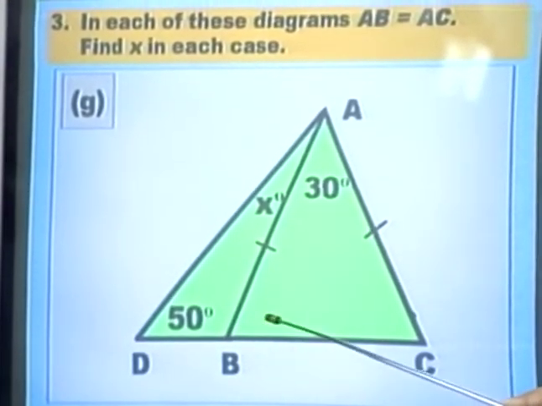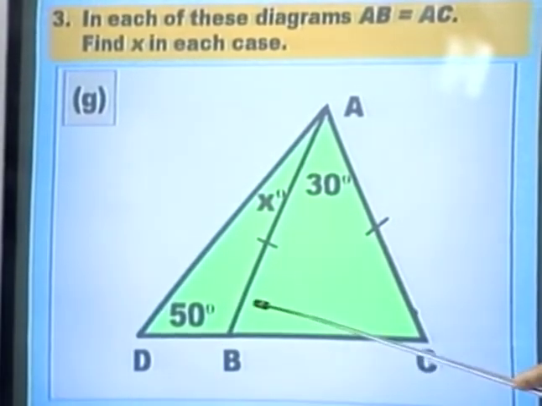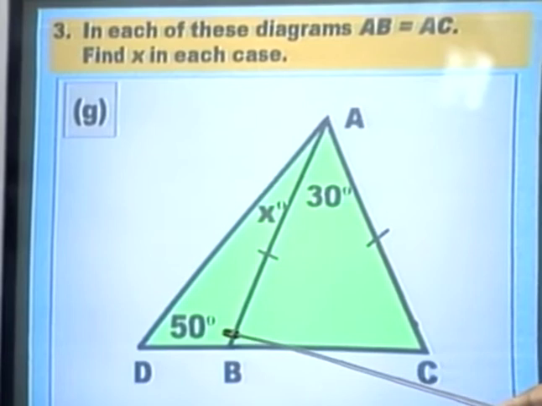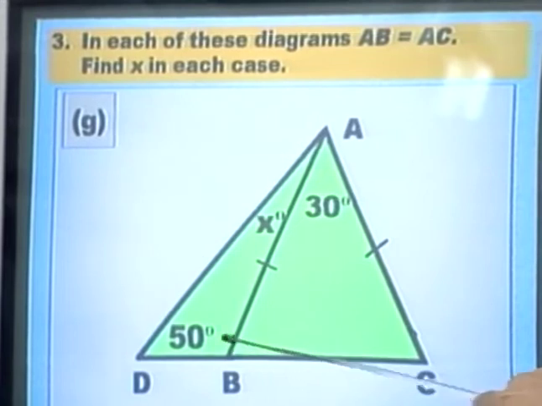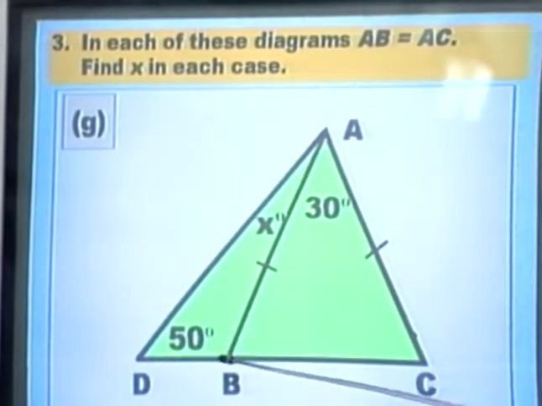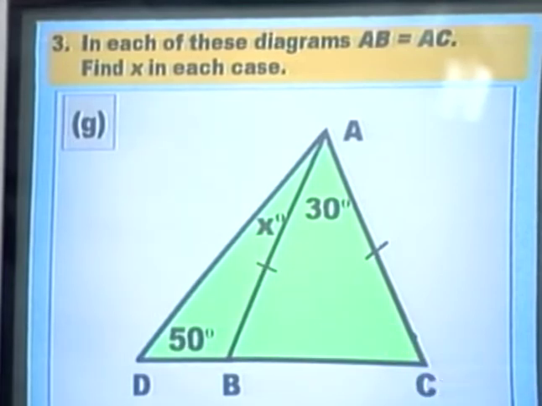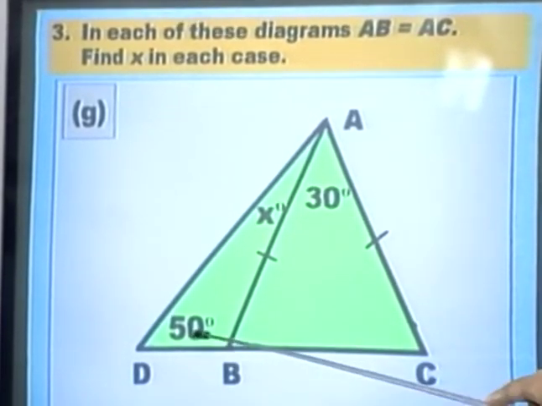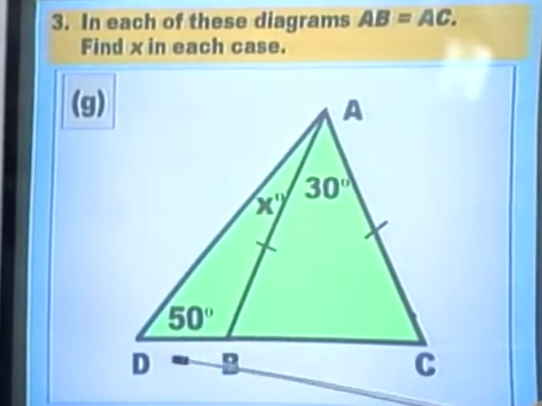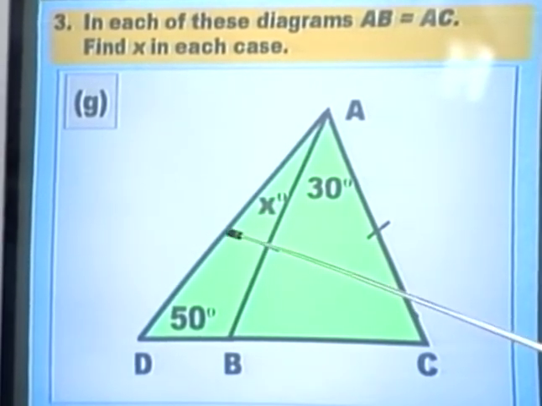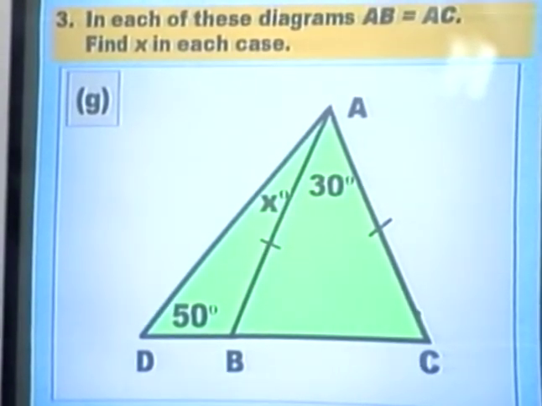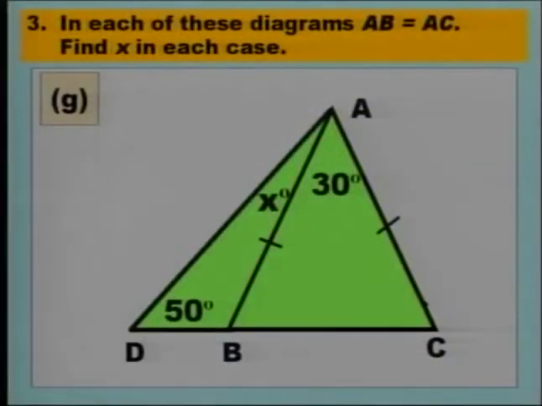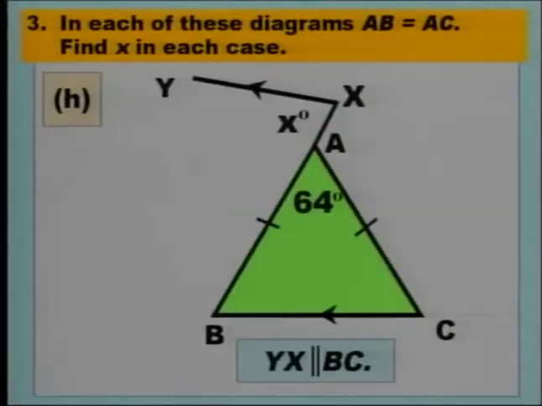Since this is a straight line, you minus 75 from 180 and get 105. So this angle ABD is 105. Since a triangle is equal to 180, you plus 50 and 105, and you get 155, and you minus that from 180, and you get 25. X is 25 degrees. Well done. All right, X is 25 degrees.